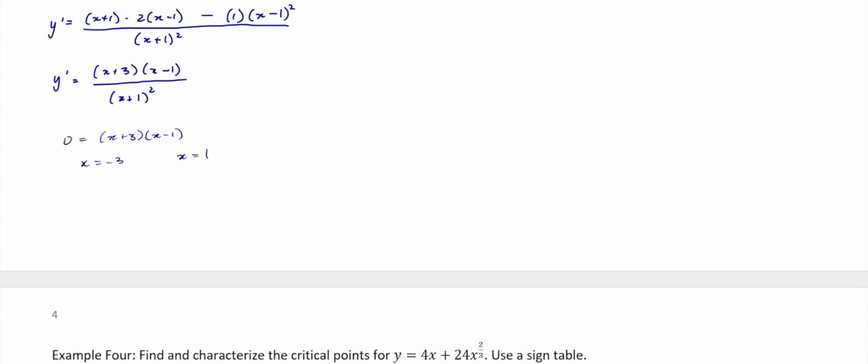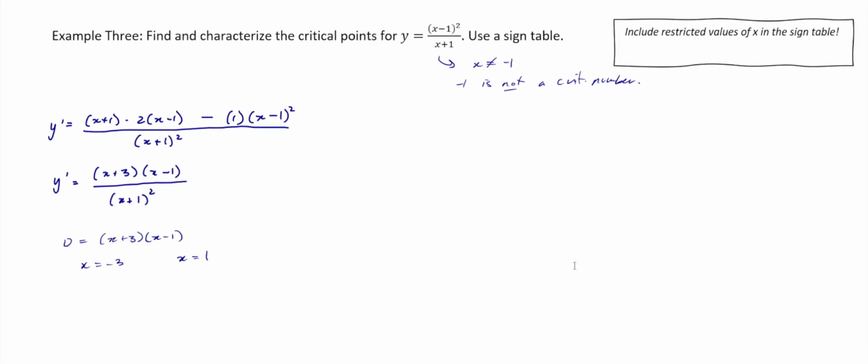So if I have x equal to -3 and 1, then I'm going to construct a sign table that has the following along the top. x less than -3, and look, it says include restricted values in the sign table.